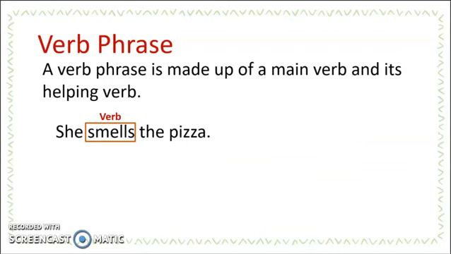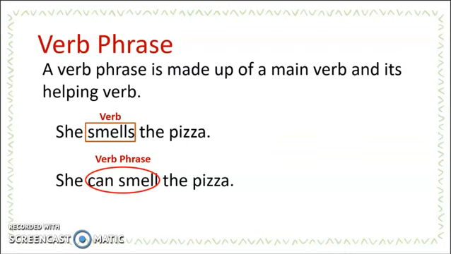If we combine a verb with a linking verb such as is, must, can, will, has, have, and so on, they form a verb phrase. Going back to the example, transforming the first sentence: she can smell the pizza. Now the verb phrase in this sentence is can smell, the verb plus the helping verb or linking verb can. Now this forms a verb phrase.